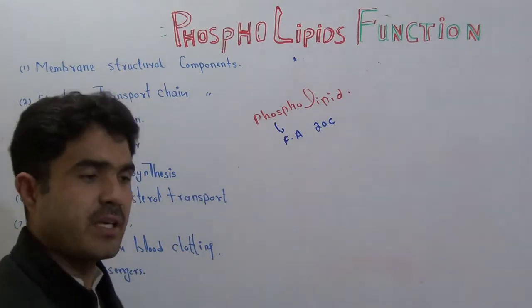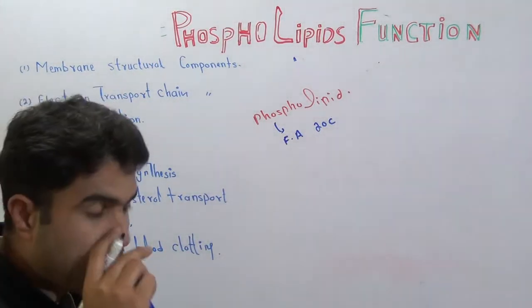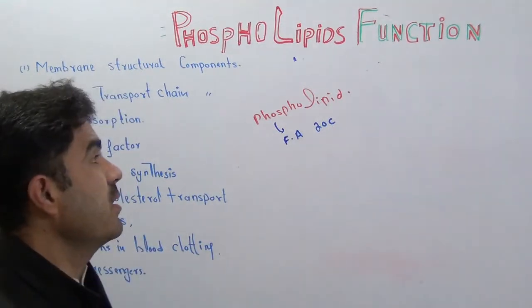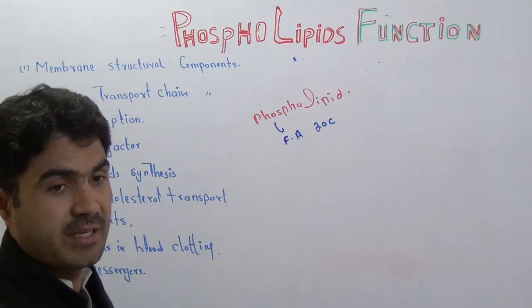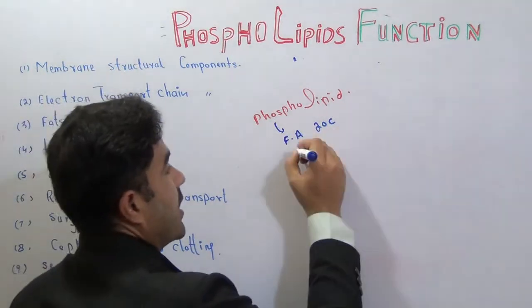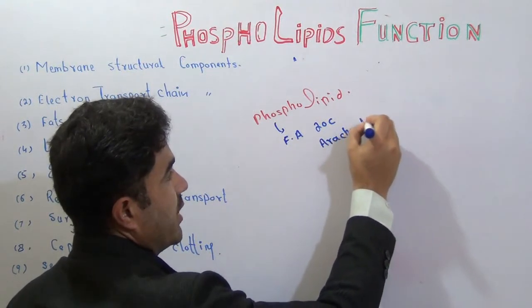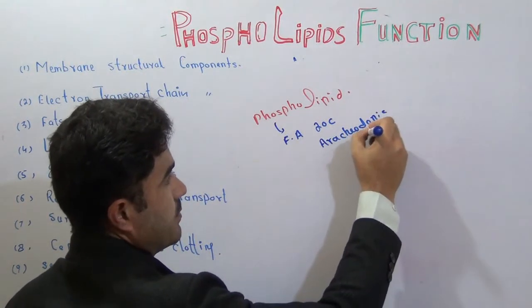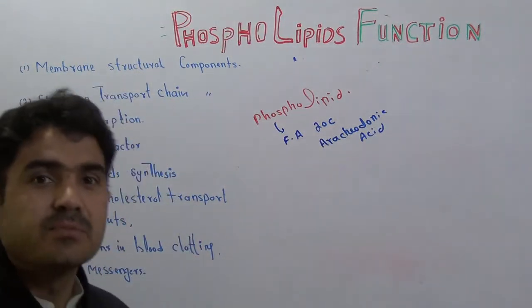We know very well fatty acids contain 3, 4, 5, 6, 7, 8, 9, 10, up to 20 carbons. The 20 carbon fatty acid is very famous. We call it arachidonic acid.